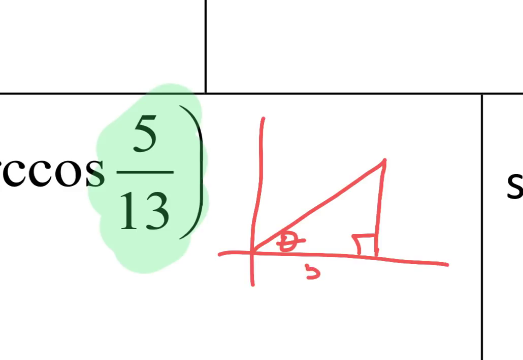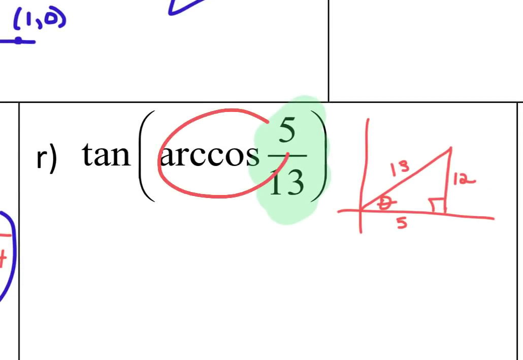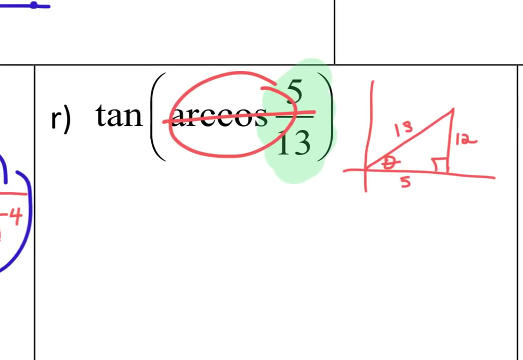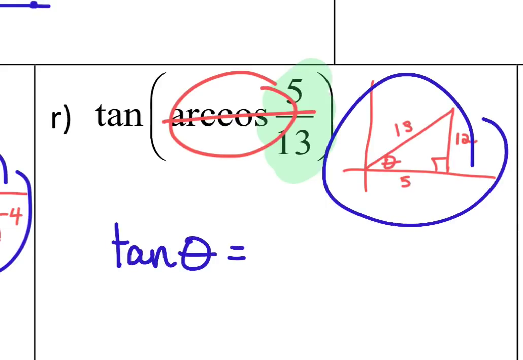Cosine is adjacent over hypotenuse, and the opposite side is 12. If the answer to arc cosine is theta, this question is asking what is the tangent of theta, and in this triangle, the tangent of theta is 12 over 5.